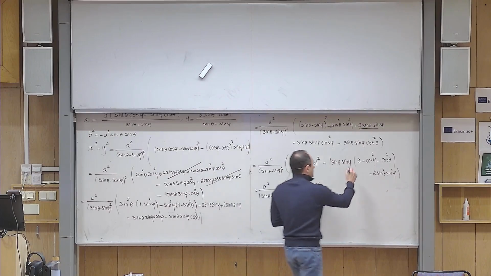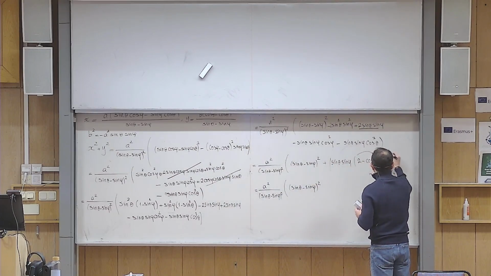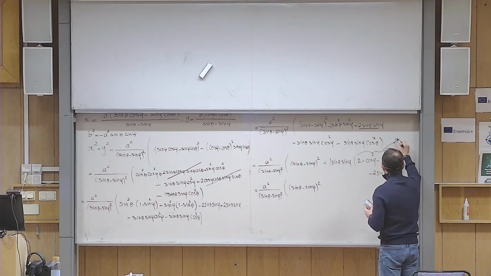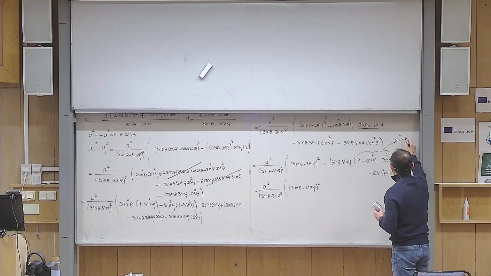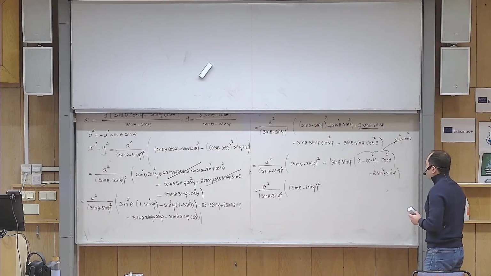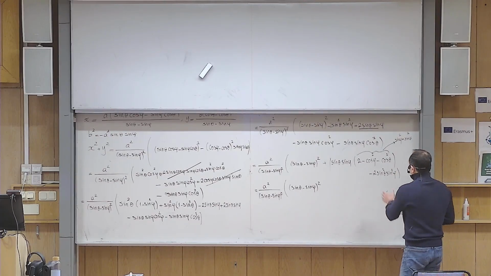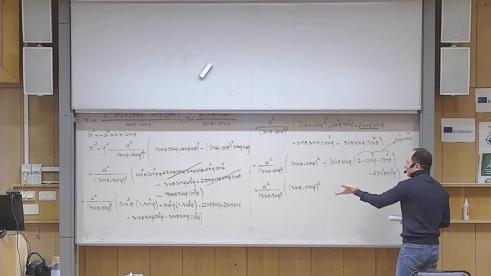As I told you, this expression can be written as sine phi squared plus sine theta squared. Okay? And then between these two, I factor that and then I am done.